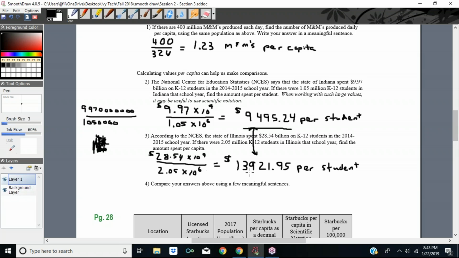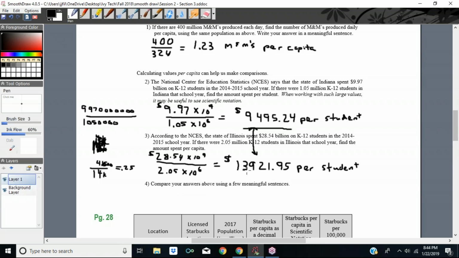I'm going to say this is about 14,000. And that $4,000 is actually about $4,500, which is about 25.25. So we could say that Illinois spent about 25% more per student compared to Indiana.